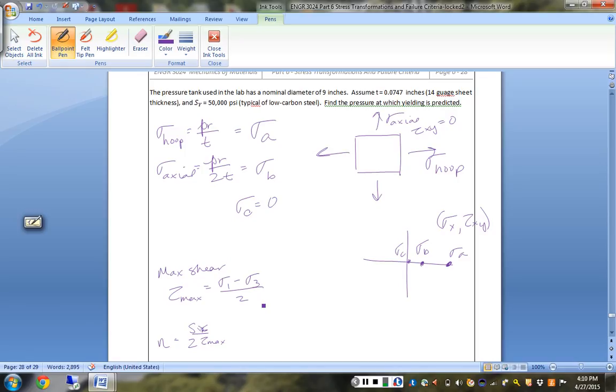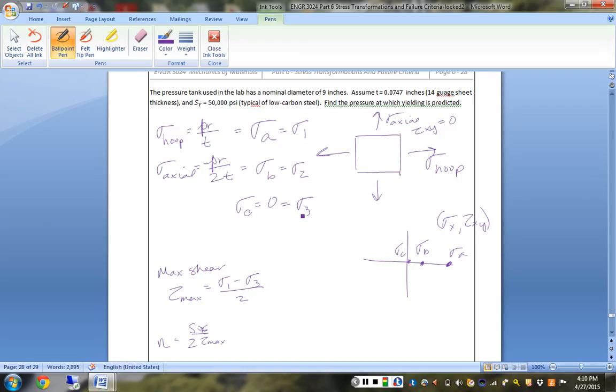Okay. Well, we got sigma A and B. What do we need to do? Reorder according to size. Well, it just so happens that they already are, right? So this is sigma 1, this is sigma 2, and that's sigma 3. Okay?